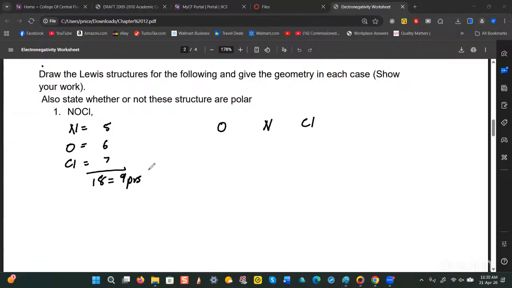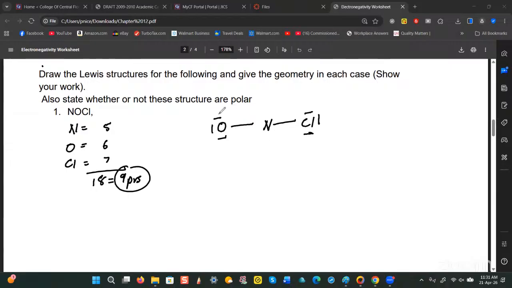Then what we're going to do first is put the bonding pairs first. So we have 9 pairs to play with. 1, 2, the first 2 pairs go between the oxygen and the nitrogen, and chlorine. And then 3, 4, 5, 6, 7, 8. Now, for most of these molecules, we try to ensure that each atom has an octet, 8 electrons on its outer shell.